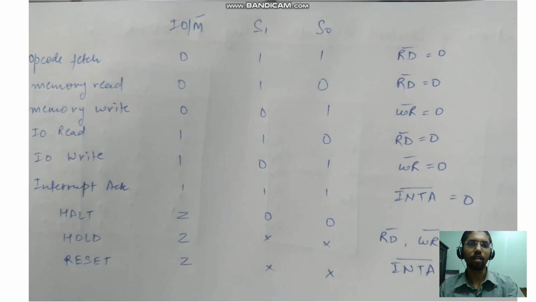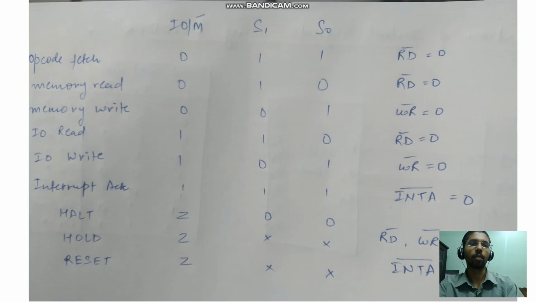For an opcode fetch, IO/M bar is 0, and the status signals S1 and S0 are 1 1. That means that RD bar will go active low to have the opcode fetch.